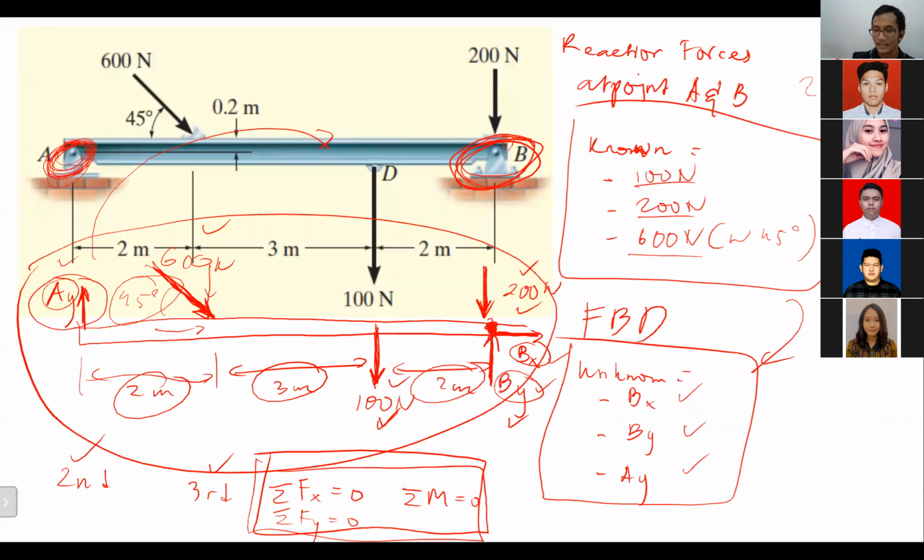But if the problem states that the weight of the beam is, for example, 100 newtons, then in that case, you have to add another force here to represent the weight of the beam. Do you get it, Fazadira? Yes, I get it.